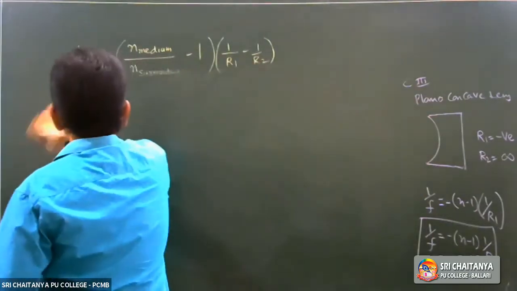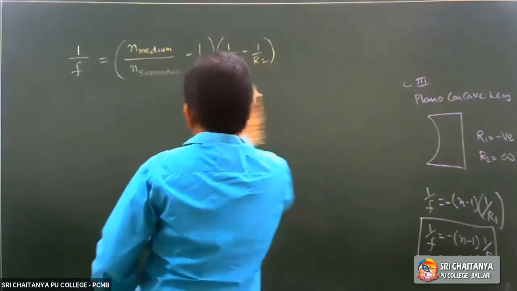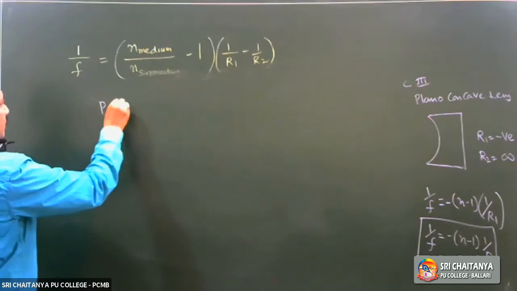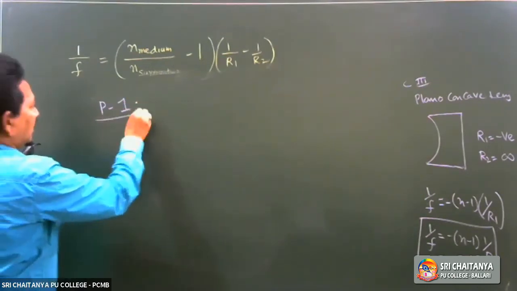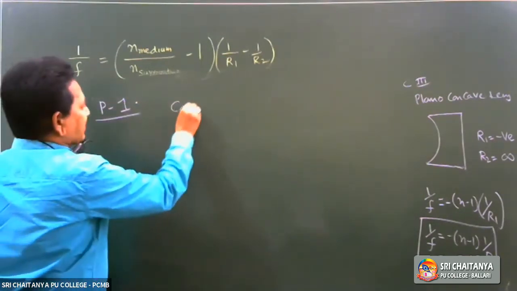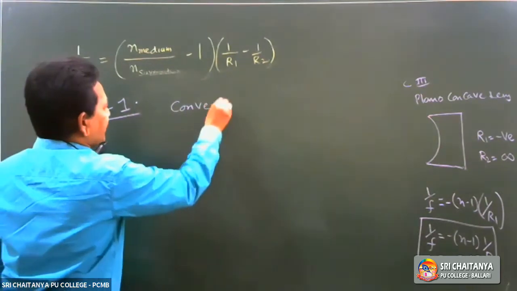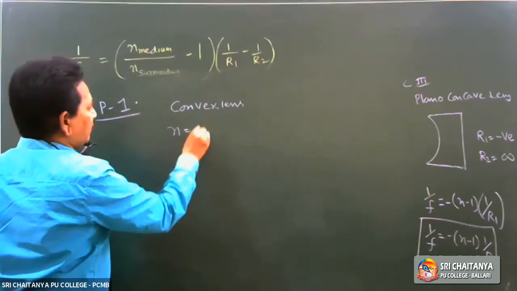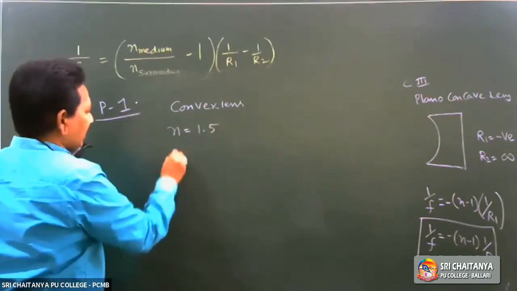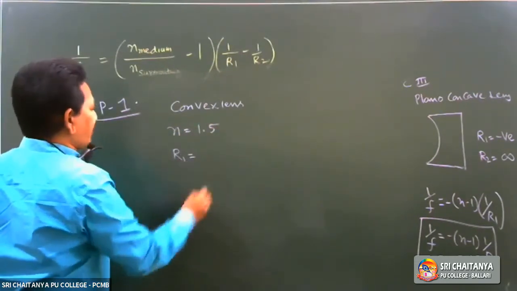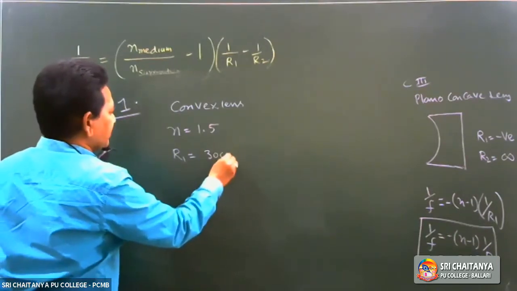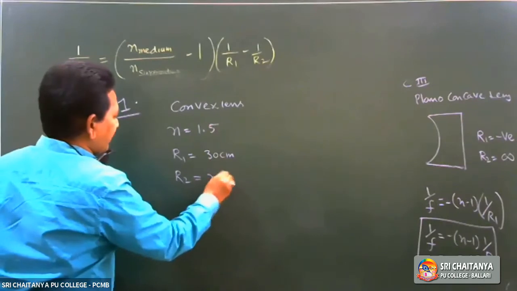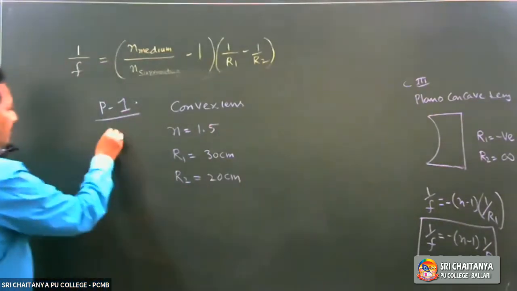Problem number 1. It is given that the lens is convex, with refractive index 1.5, radius of curvature of the first surface 30 centimeters, and radius of curvature of the second surface 20 centimeters.